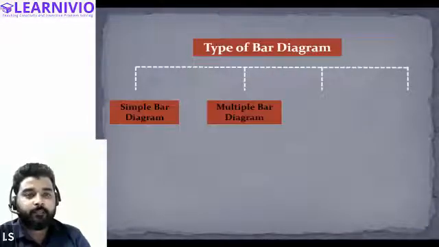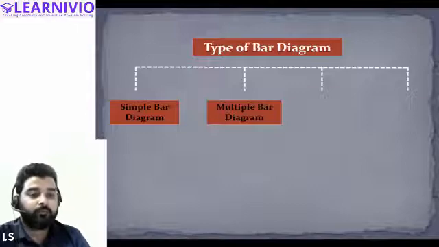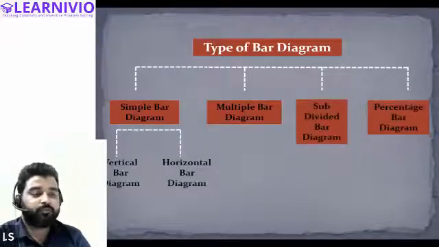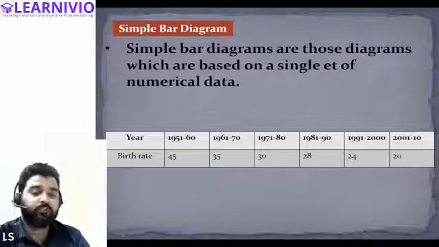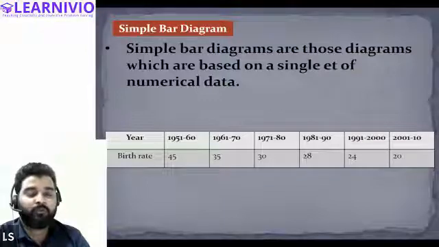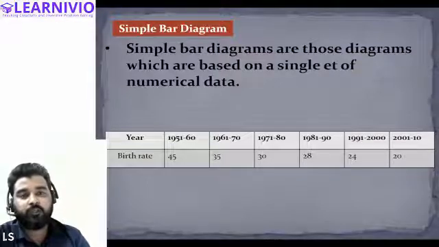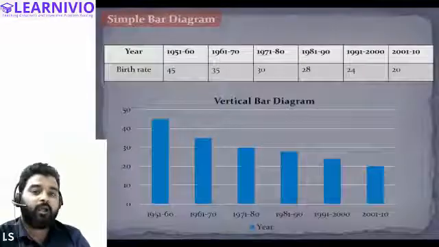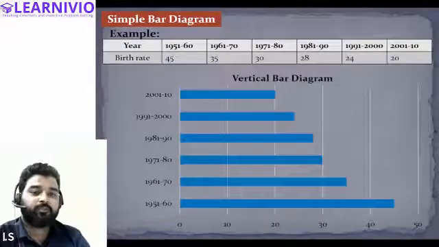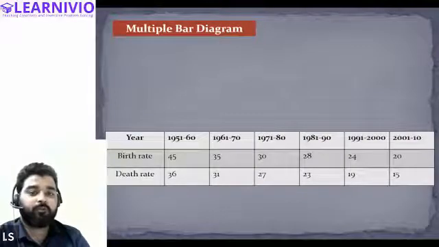All right. Next, we have discussed the various types of bar diagram: simple bar diagram, multiple bar diagram, subdivided bar diagram, and percentage bar diagram. In case of a simple bar diagram, whenever you have only one data to be presented on the diagram, we prepare the simple bar diagram. And if there are multiple data which are required to be presented on the diagram, then we use the multiple bar diagram.